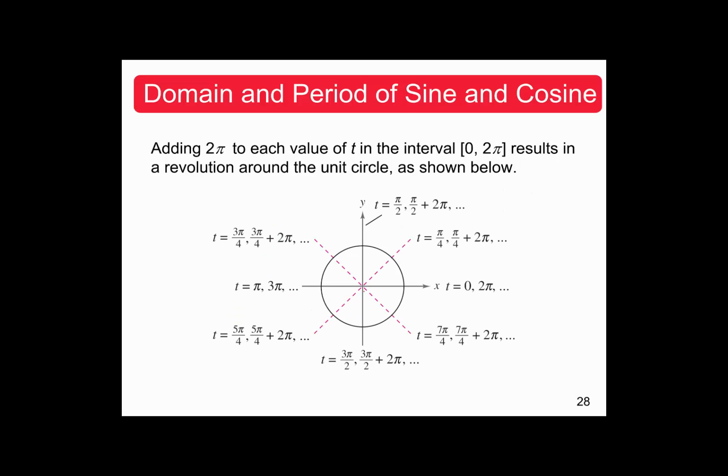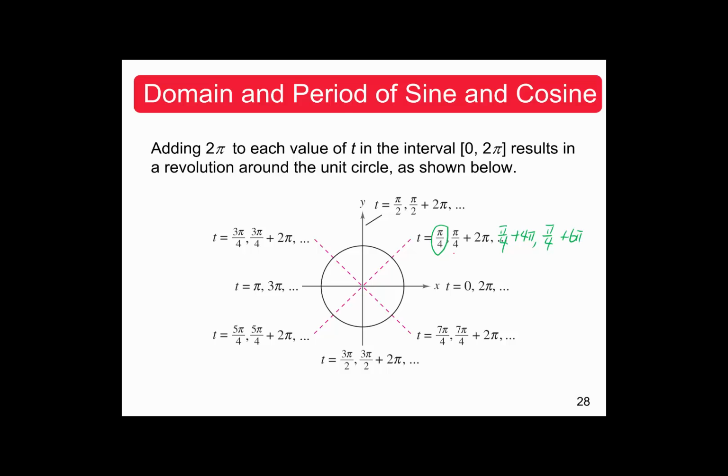Okay, these are some equivalent angles, right? So for example, if you have an angle pi/4, you can generate as many equivalent angles as possible by just adding 2 pi, 4 pi, 6 pi.